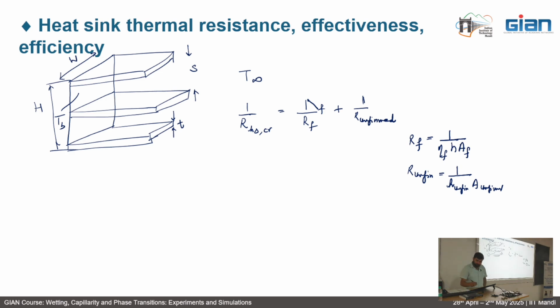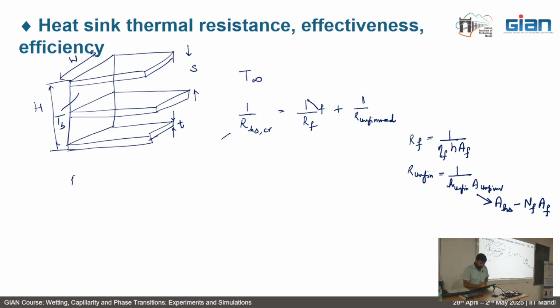And unfinned area can also be simplified further. It can be written as area of the heat sink minus number of fins into area of each fin. That is the area of unfinned region. Now let us suppose that we consider one situation where H unfinned is equal to H. It means that the heat transfer coefficient from both the fins and unfinned area is same. That will further simplify this equation.